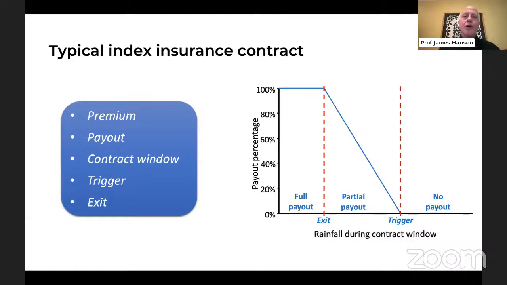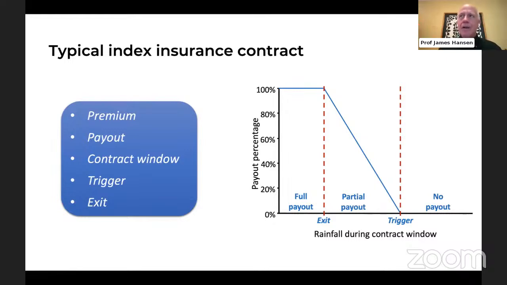If the index goes below a threshold, the farmer will be eligible to receive payment from the insurance company. So the premium is money that the farmer gives to the insurance company. The payout is money that the insurance company gives in particular years, not every year, back to the farmer to cover an expected loss. The contract window is the period of time when the index is valid.